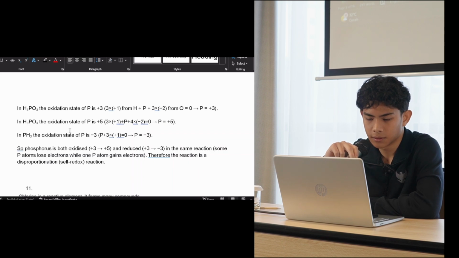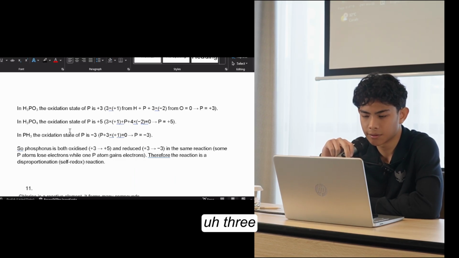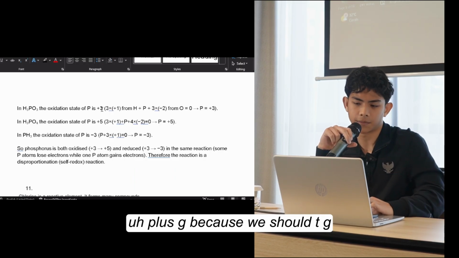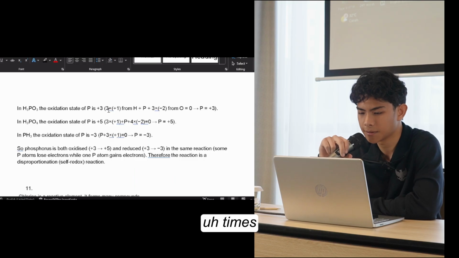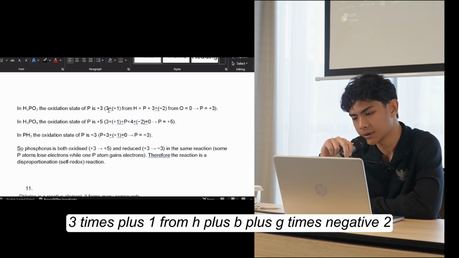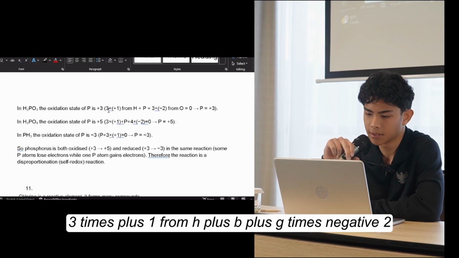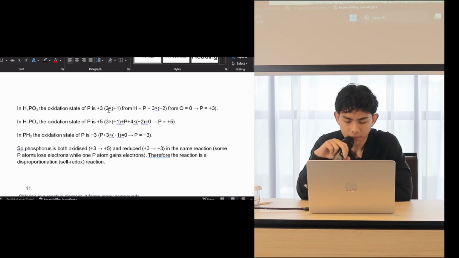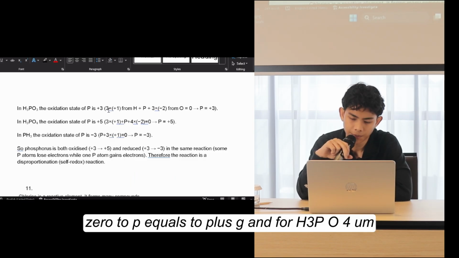So for H3PO3, H is plus 1 each, 3 times plus 1 gives plus 3, and O is 3 times negative 2, so H plus O equals negative 3, which makes P equal to plus 3.